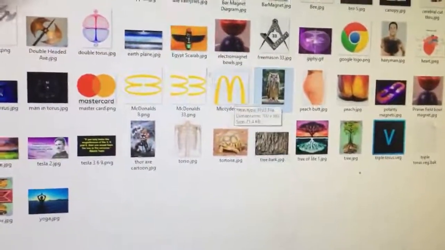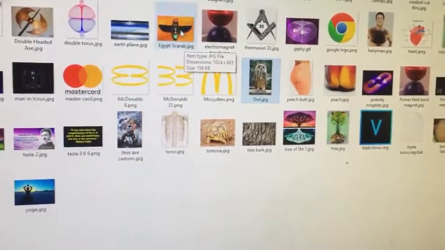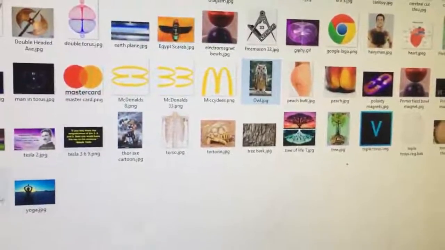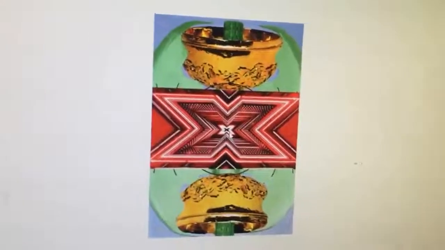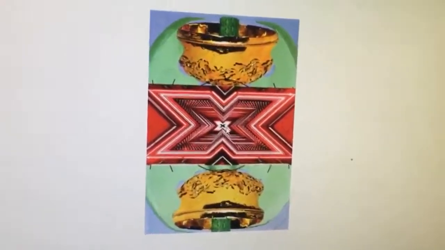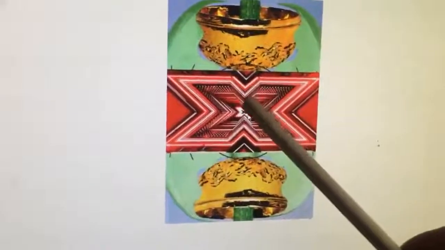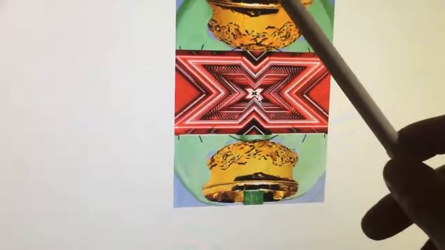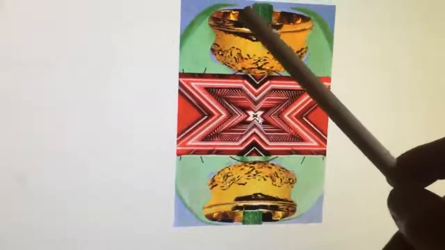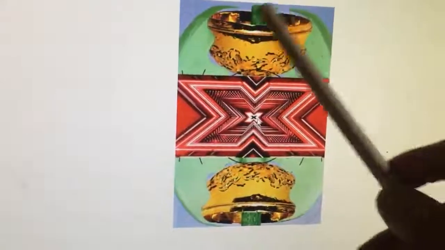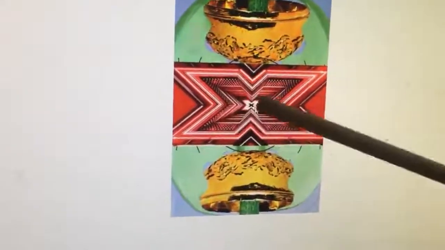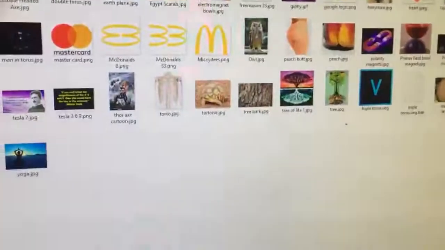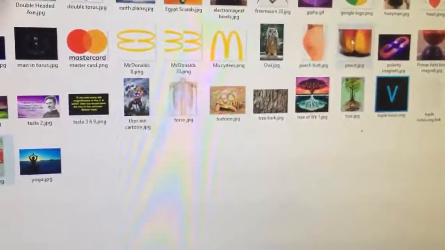That's why they show you the X Factor, because you are the center of everything. The entire alphabet can be drawn from this, because if you take this X around, you can start doing all the letters of the alphabet. The word God is in here as well, and that's why the Freemasons love their G, because the G is hiding most of the shape of this thing.